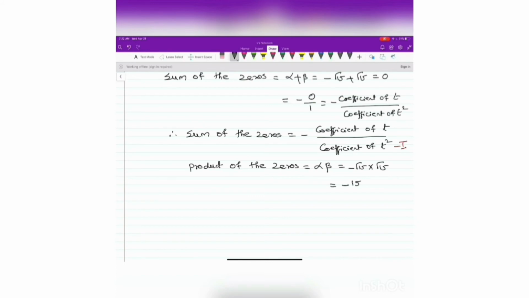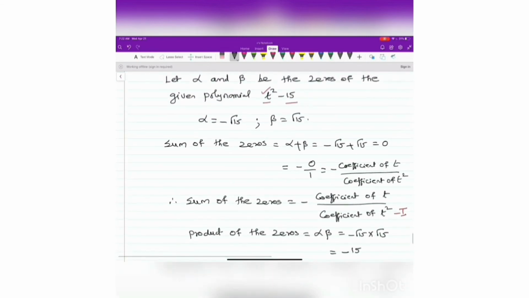I can write this as minus 15 by 1. Now, what is minus 15? See here, minus 15 is the constant term and 1 is the coefficient of t square.